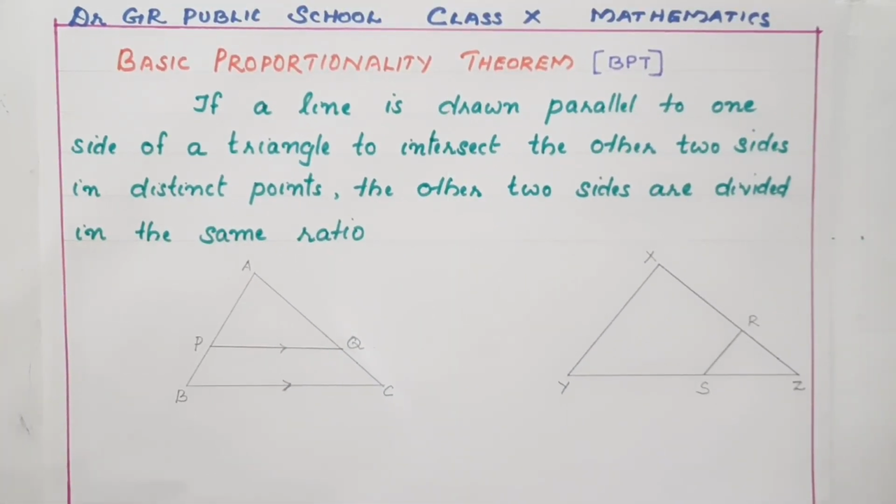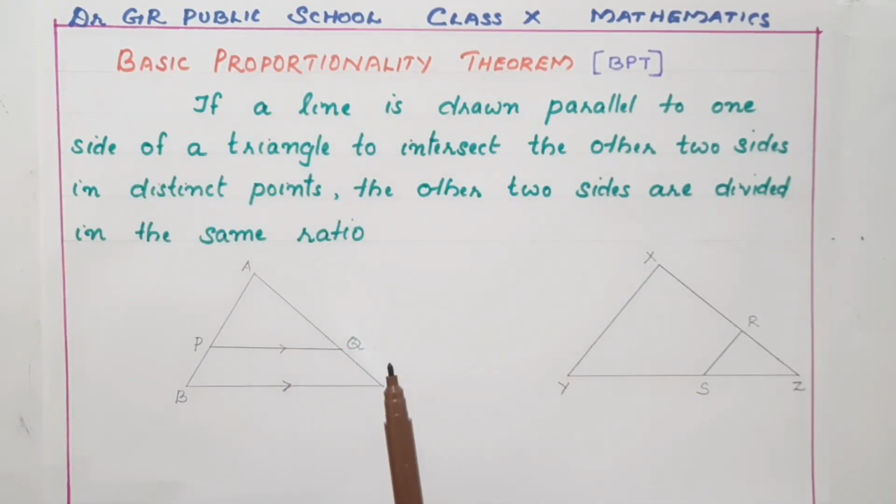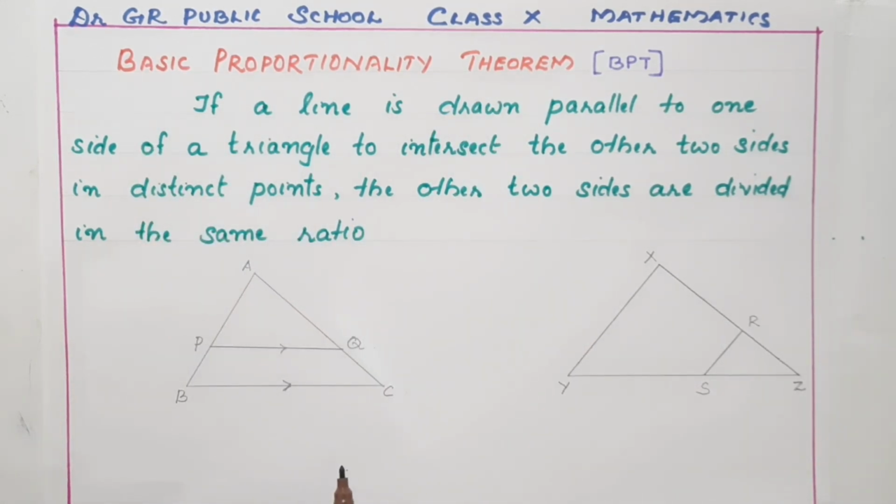Before going to our actual topic, we have to discuss another topic which comes in the chapter triangles. This is an important point, the basic proportionality theorem. This theorem we use to divide a line segment in the given ratio. First of all let me explain that theorem for you.